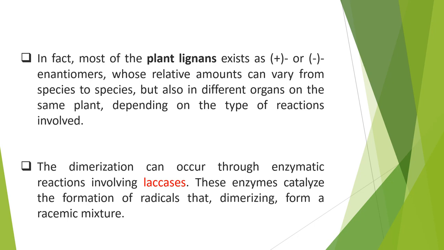And the dimerization can occur through enzymatic reaction involving laccases. These enzymes catalyze the formation of radicals that dimerize to form a racemic mixture. You know, the racemic mixture is the mixture where both dextrorotatory and levorotatory enantiomers are present.